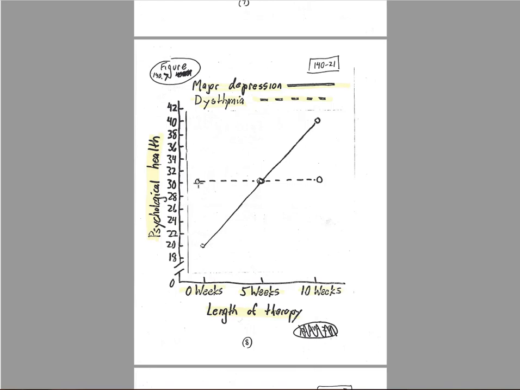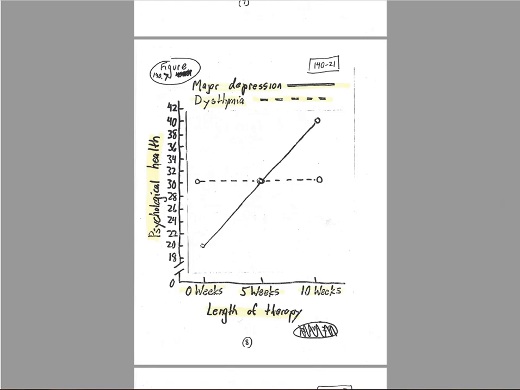Notice, people with dysthymia that got 0 weeks of therapy show mediocre psychological health. 5 weeks of therapy still show mediocre psychological health. 10 weeks of therapy, they still show mediocre psychological health. So, does length of therapy have an effect on psychological health? It depends. It depends on which condition they're in under the other factor, under the type of depression factor.